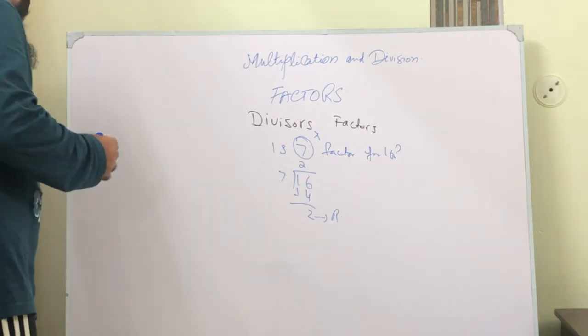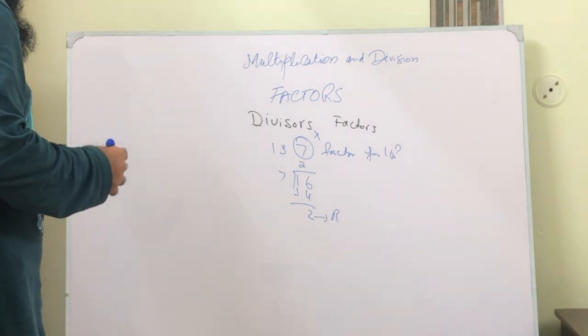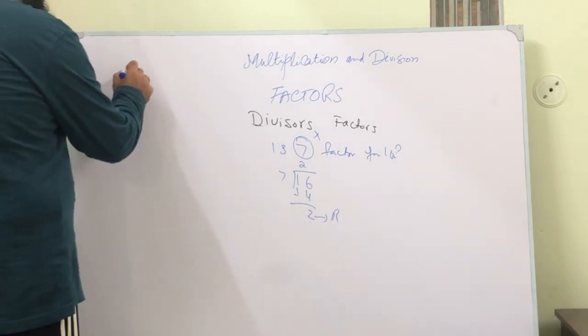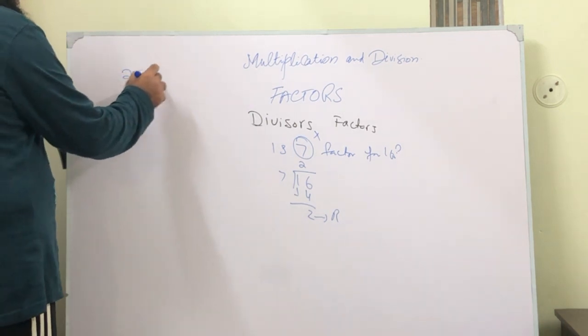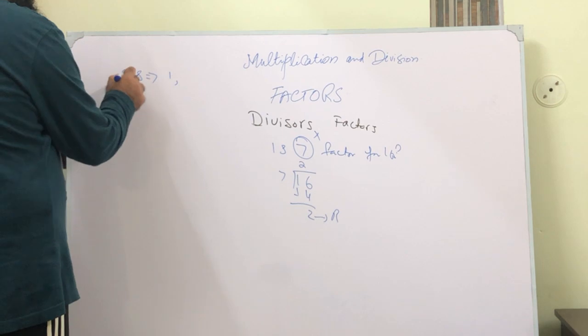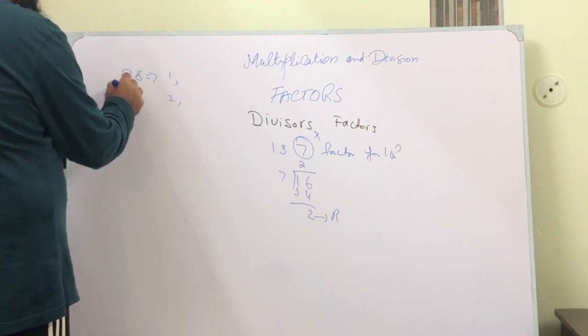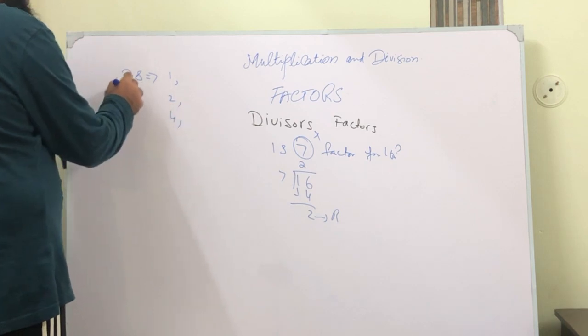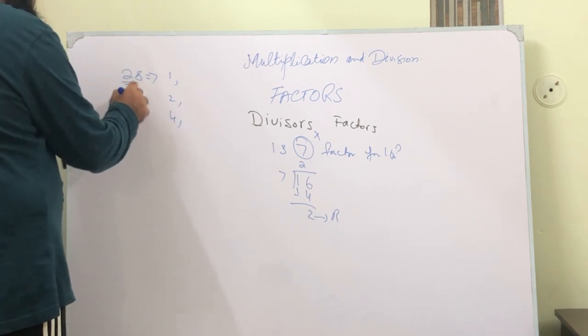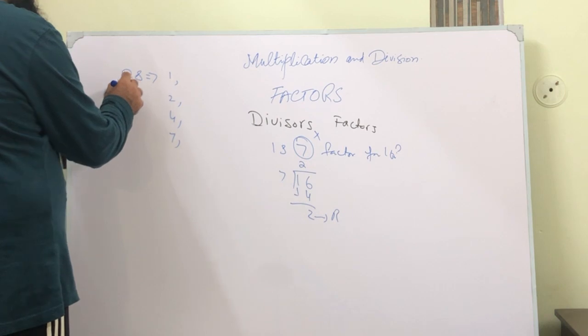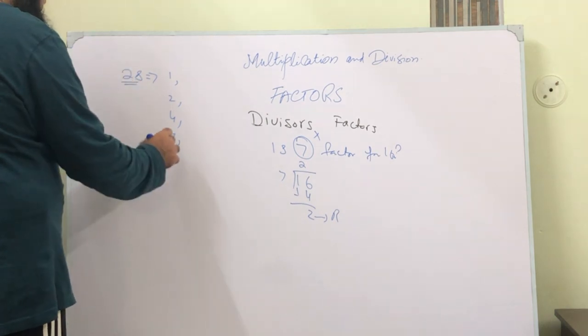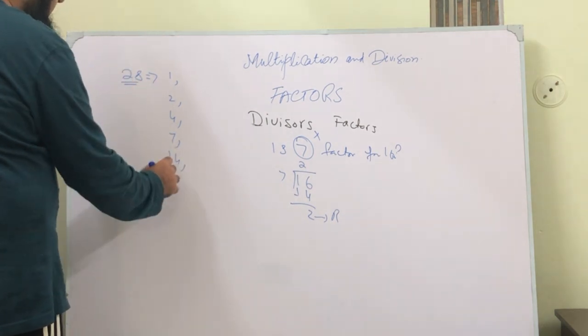Okay. And point number 4 is find all the factors of 28. Very easy. We can divide it by 1. We can divide it by 2, 2 14s are 28. We can divide it by 4, 4 7s are 28. We can divide it by 7, 7 4s are 28. We can divide it by 14, 14 2s are 28. And we can divide it by 28.